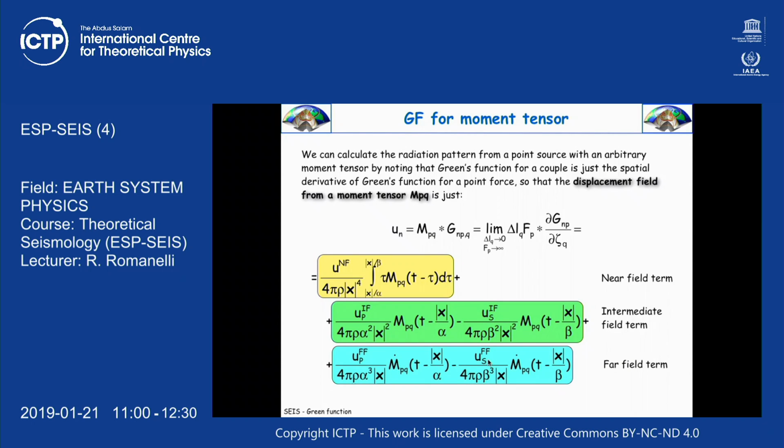With a radiation pattern that is more complicated, because the radiation pattern that we have seen before is for a single force. Now we have to take a single force, compute an R, and compute this. Then to compute this, take an R, and compute this, and to sum. So the radiation pattern is more complicated than the one of a single Green's function, of course.